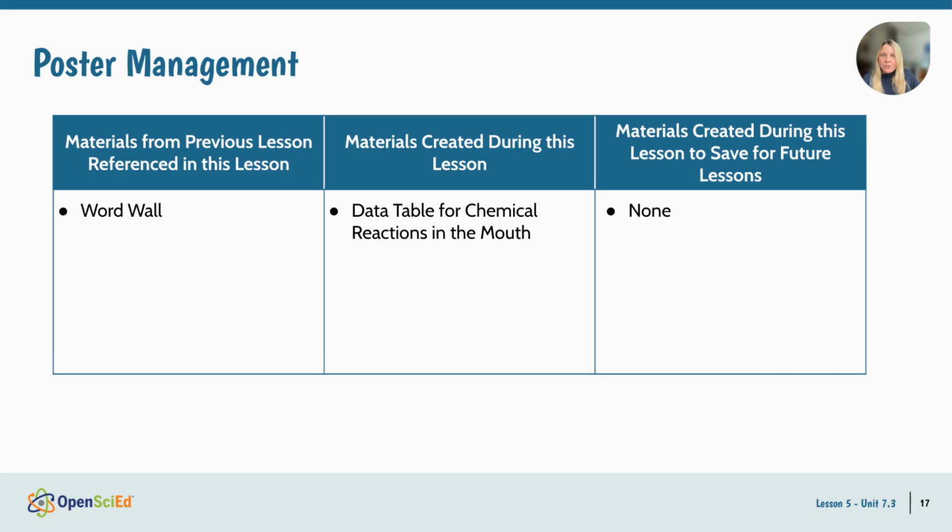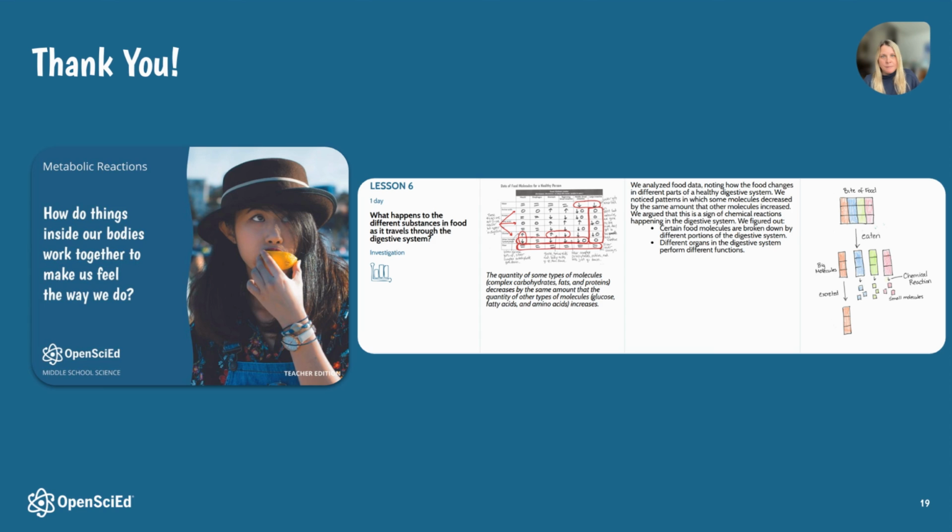There are a couple of posters that will be used. The word wall is the main one that you're going to revisit because you're hoping to have those chemical reactions on your word wall already. In addition, the students are going to create that handout that's going to collect their data. And there's no large posters or materials made that will carry over into future units.